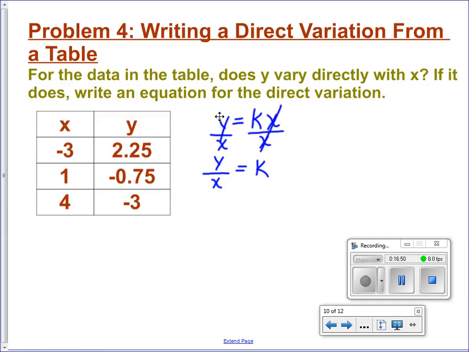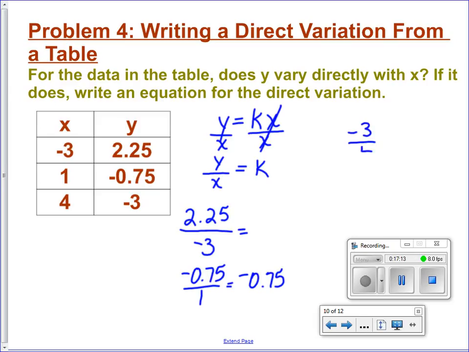So, let's do that. We have negative 75 hundredths divided by 1. That one's easy. That would simply be negative 75 hundredths. And negative 3 divided by 4, which if you express as a decimal, would be negative 75 hundredths.